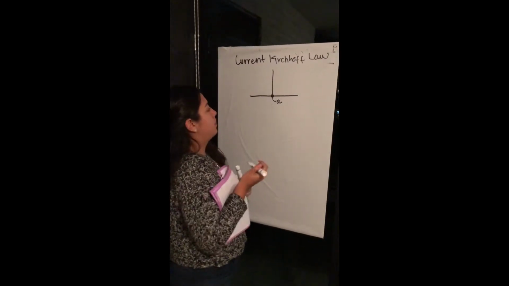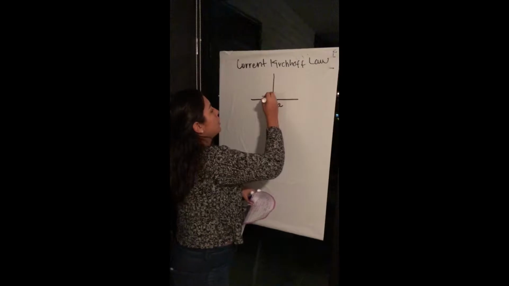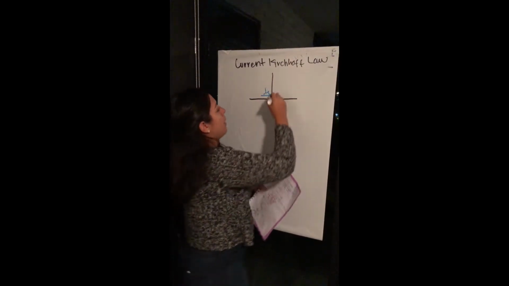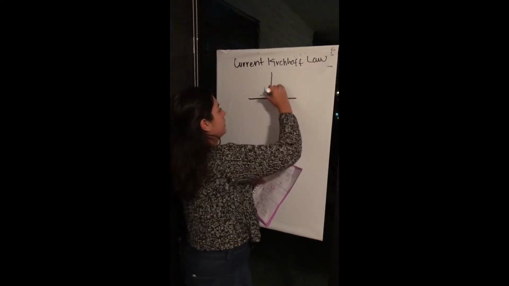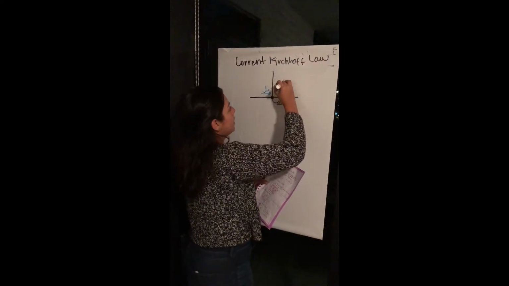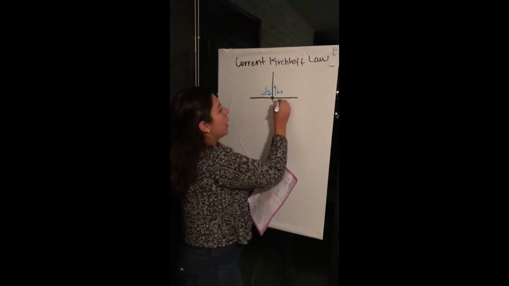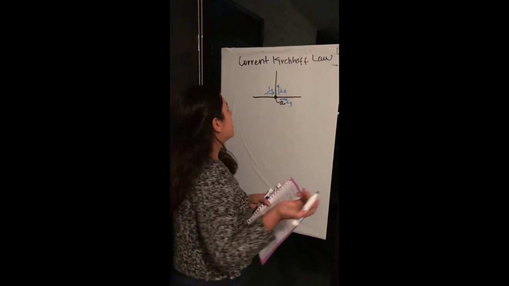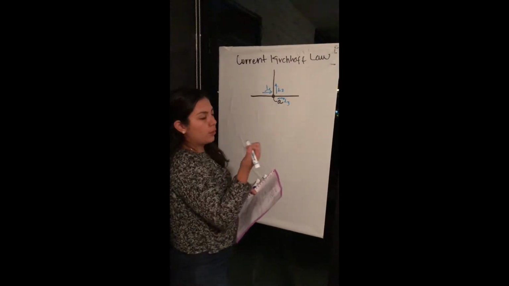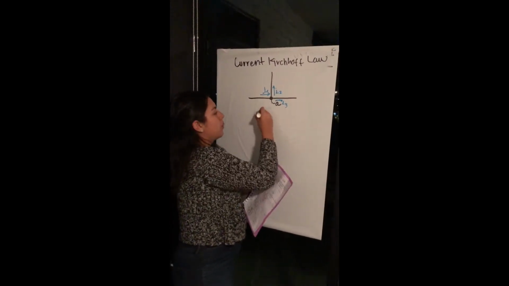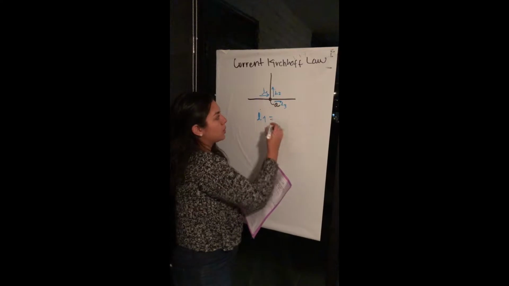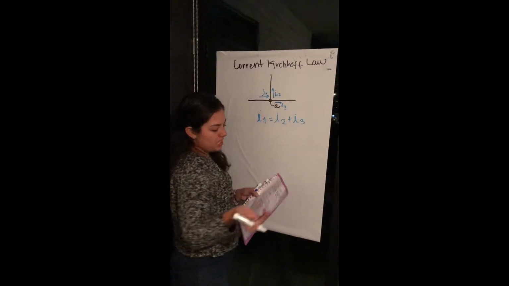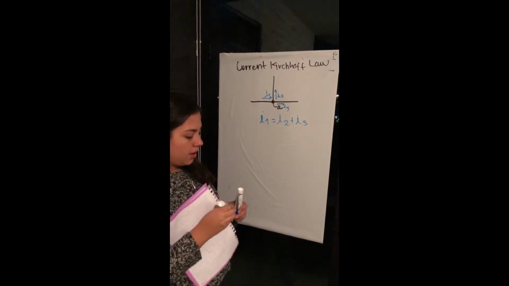We would have current 1 entering the node, current 2 exiting the node, and current 3 exiting the node as well. So what this Kirchhoff law establishes is that I1 must be equal to I2 plus I3, and that's quite easy.